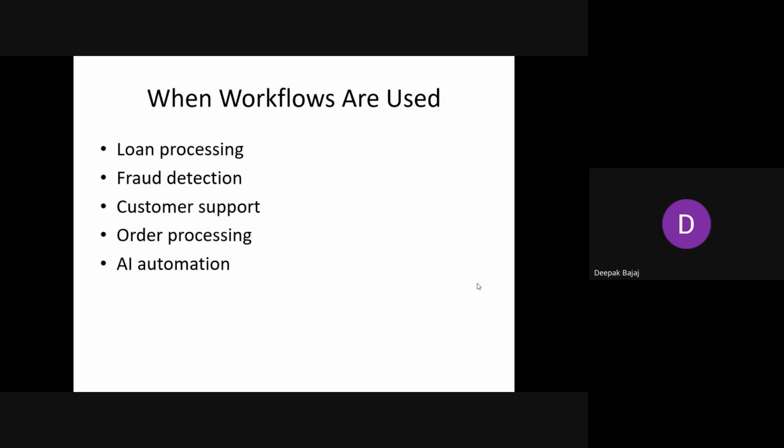Let's say you have any application, like loan processing, fraud detection, customer support, order processing, AI automation. Whatever you're thinking of doing, workflow is required: how things will work, and in which flow those things will go.